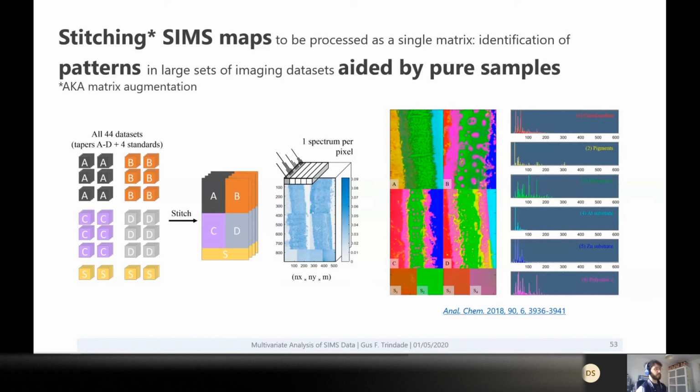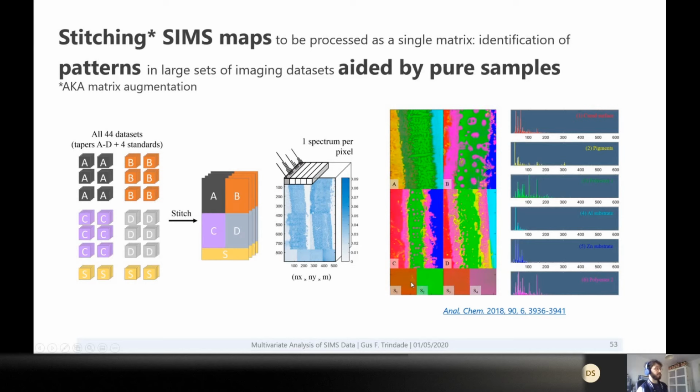And that's quite useful, especially when the samples are related. In this case, there's a paper with more details, but what we did was we had 3 or 4 cross sections. We mapped these cross sections and then joined everything in a single matrix, and also added measurements of the pure materials that we expected to be in these cross sections.